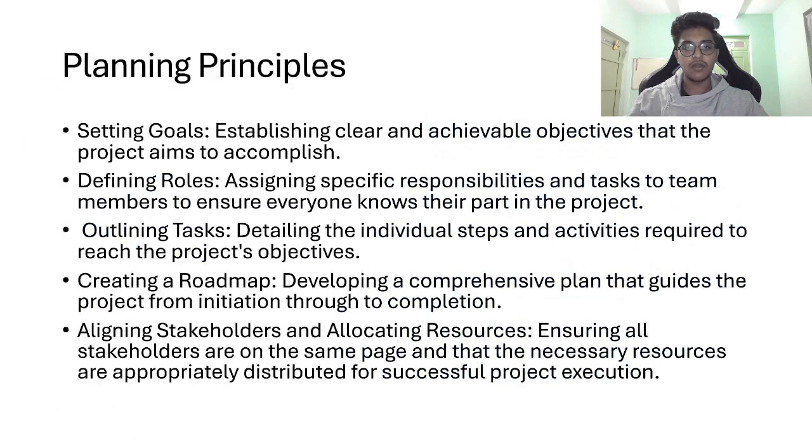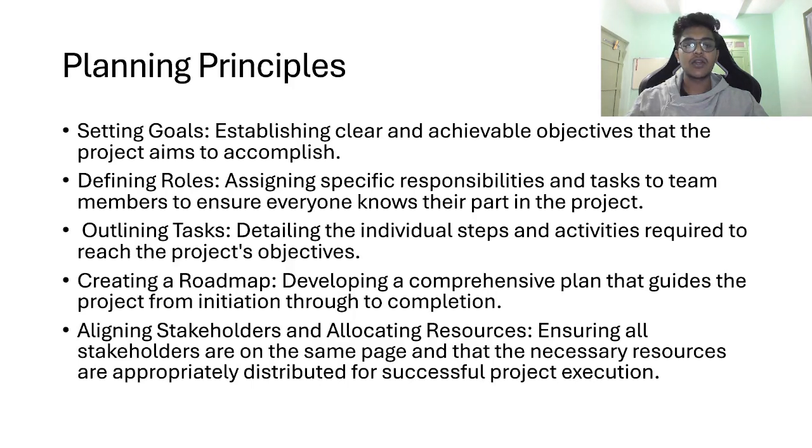So moving on, the planning principles. Setting goals: establishing clear and achievable objectives that our project aims to accomplish. Next is defining roles: assigning specific responsibilities and tasks to team members to ensure everyone knows their part in the project. Next is outlining tasks: detailing the individual steps and activity requirements to reach the project's objectives.